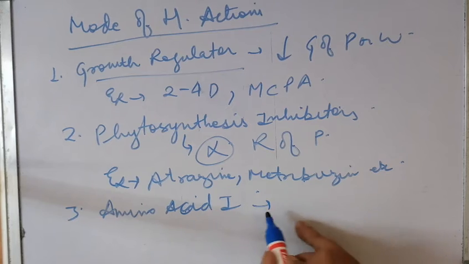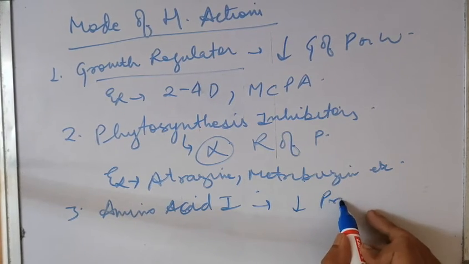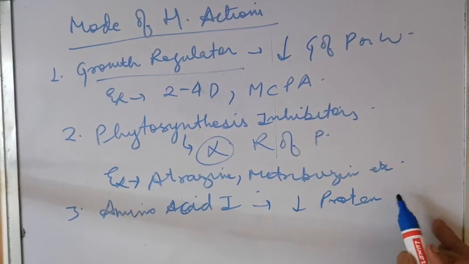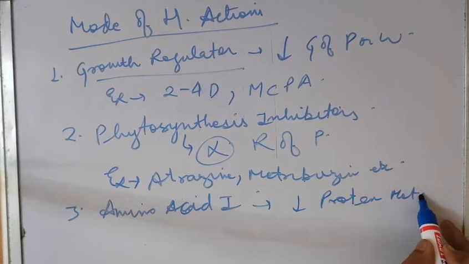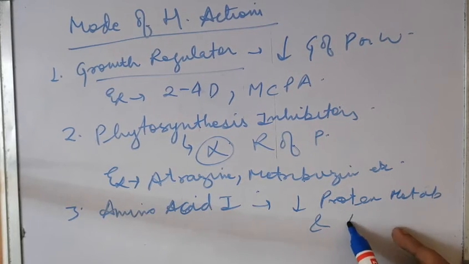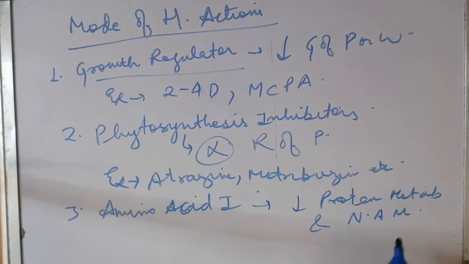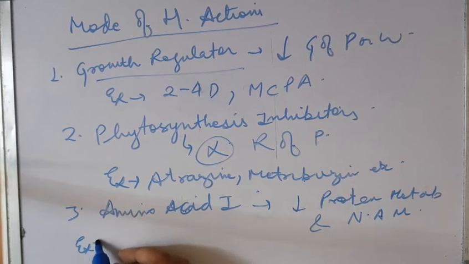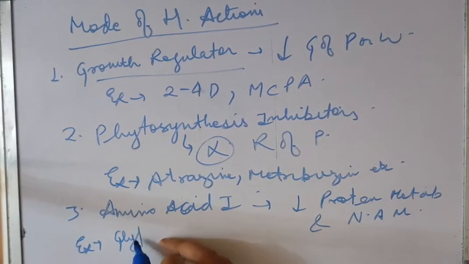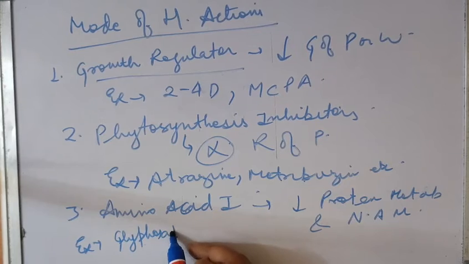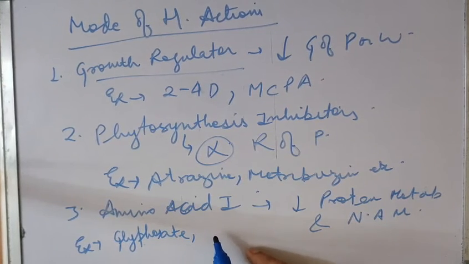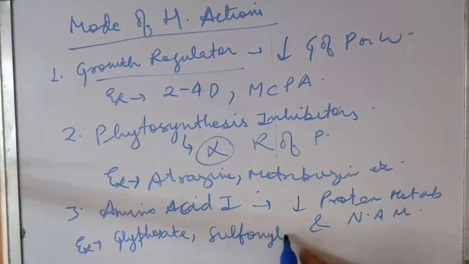They inhibit or retard the protein metabolism and nucleic acid metabolism. Examples of amino acid inhibitors are glyphosate, sulfonylureas, etc. These are some common amino acid inhibitors.